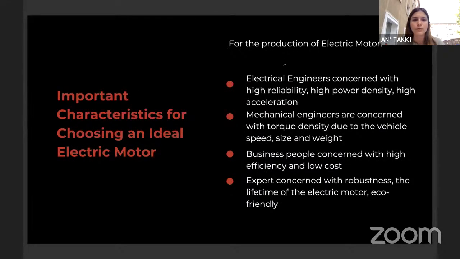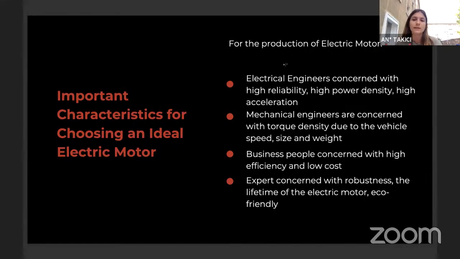Important characteristics for choosing an ideal electric motor. There are lots of features that can be given importance when we choose an ideal electric motor. For the production of electric motors, electrical engineers give importance to high reliability. Is it highly reliable? Does it have high power density and high acceleration?